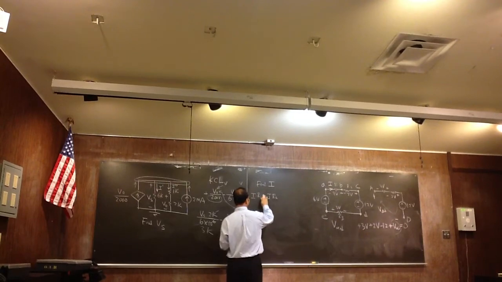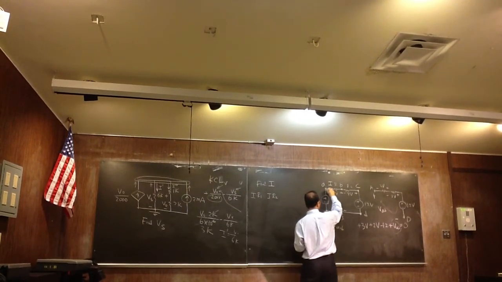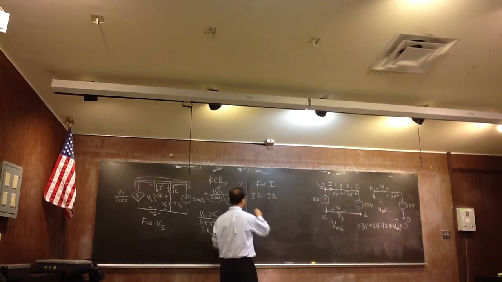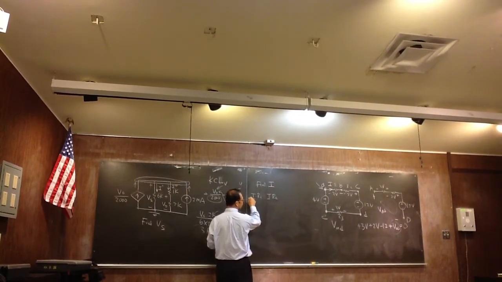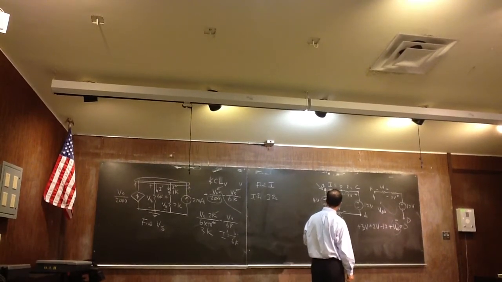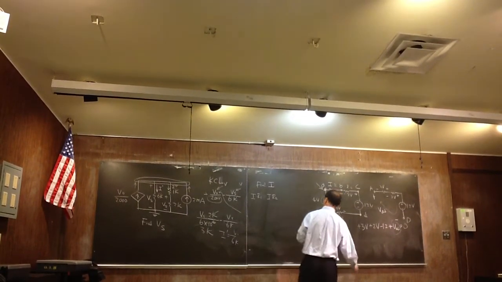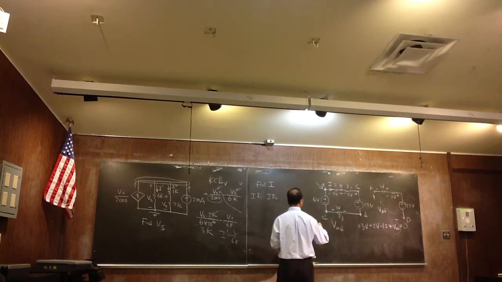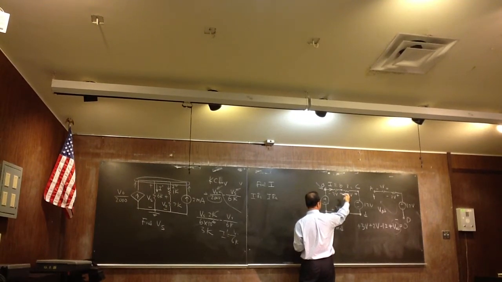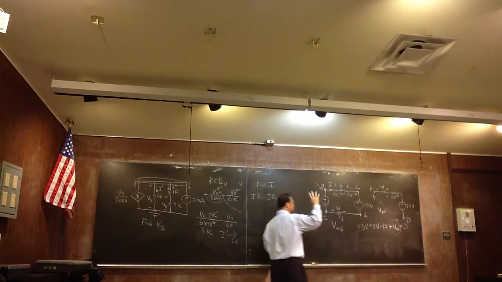Actually, if I go from here, I'm going to start from this point, right? So I get minus, or plus. Like this, then the current should be what? It doesn't matter.